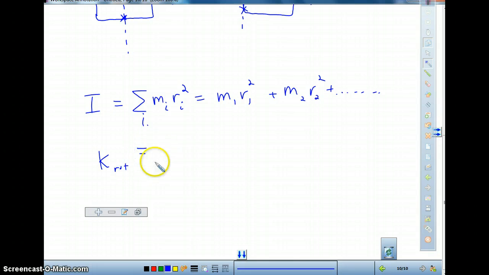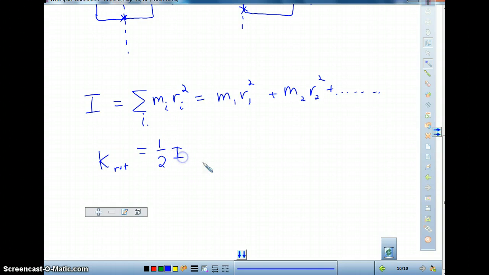We used K for kinetic energy before, and we'll just specify K rotational. Now, if you recall, linearly speaking, kinetic energy was 1/2 m v squared. And it's very similar looking now that we define moment of inertia. Instead of mass in the formula, it's going to be moment of inertia.